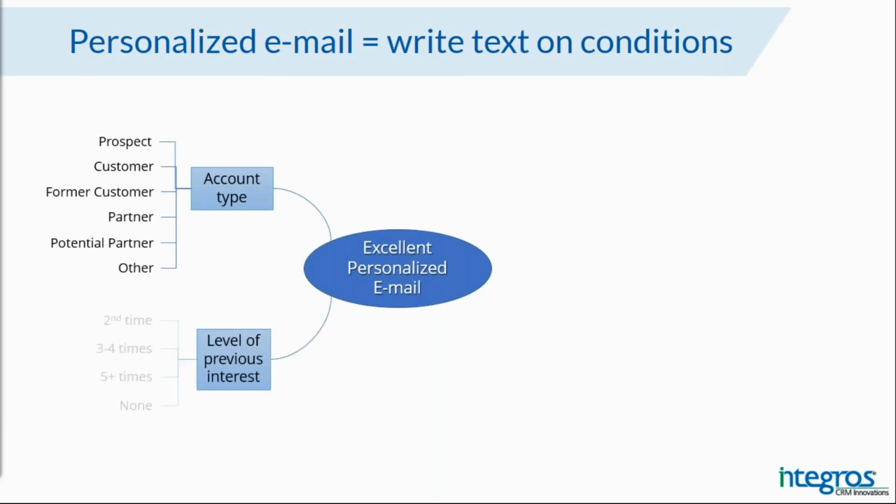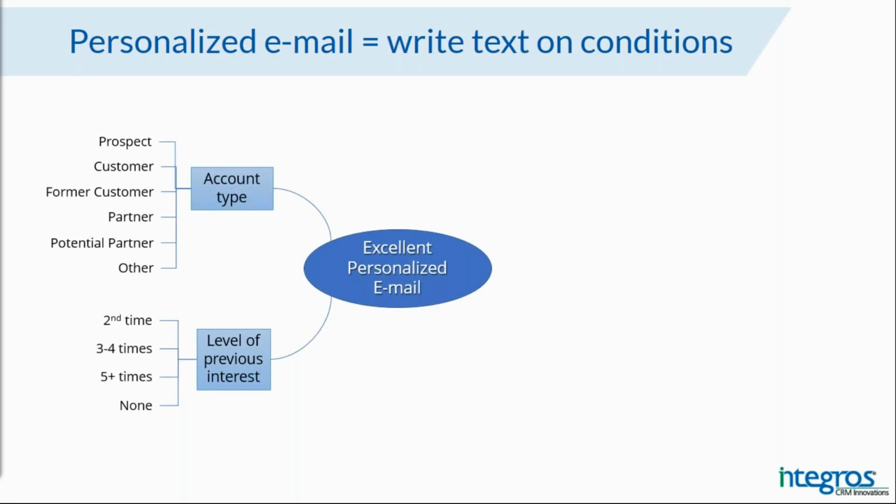We need to write the text by considering all the various conditions based on factual and behavioral data that we collected about our lead. First of all, we need to understand who we are writing to. Is it a prospect, or maybe an existing customer, a former customer, or our partner? Because depending on that, our message will differ.